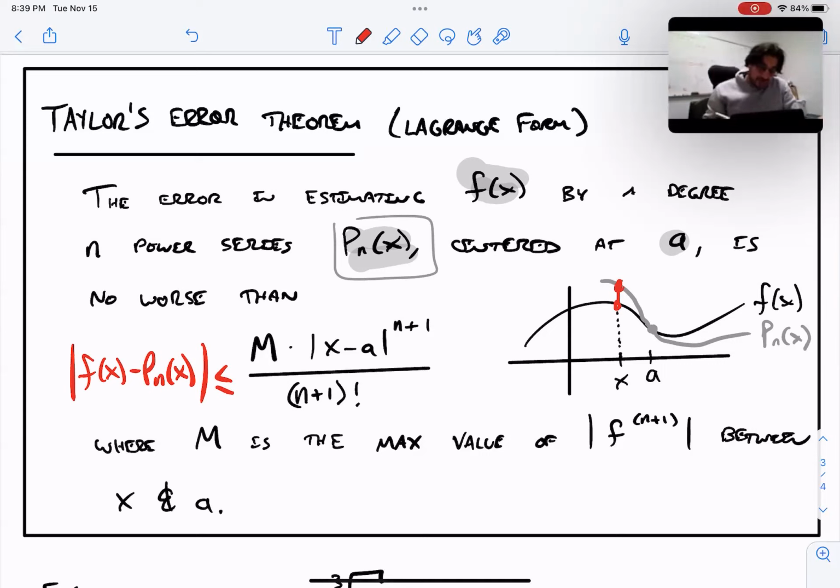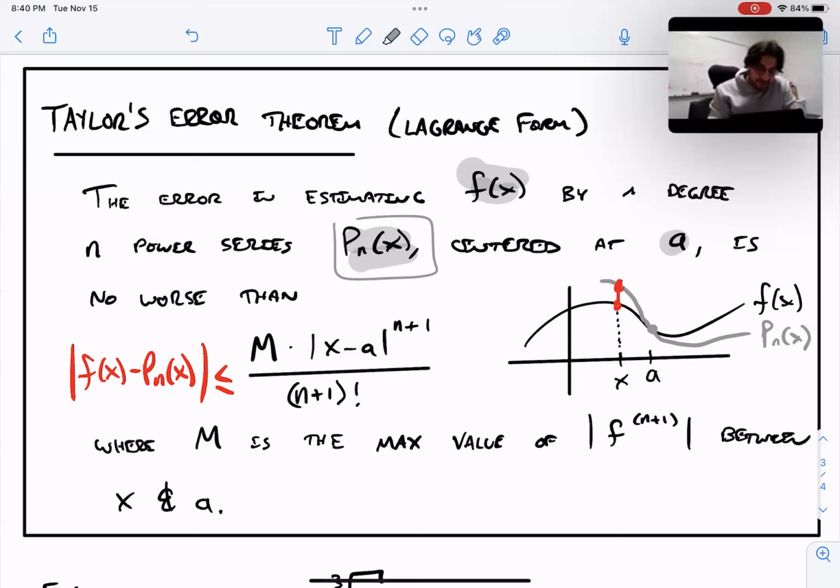Now, what's in this formula? x is the input where you're trying to calculate your function, and a is the center of the power series. So it makes sense that the error would grow as x and a get further apart, if you think of how we build power series approximations graphically. n is the degree of the power series.